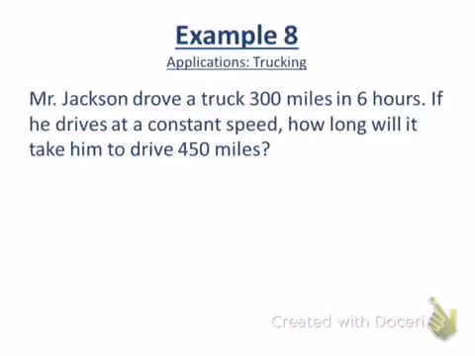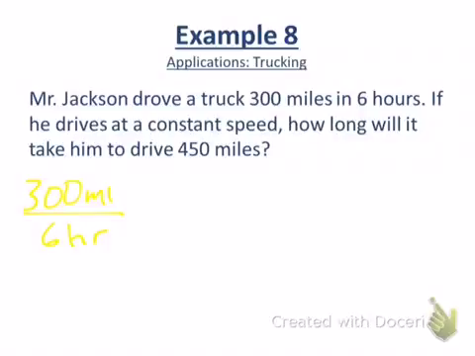All right, last one. Mr. Jackson drove a truck 300 miles in 6 hours. So what does that give us? That gives us a rate, doesn't it? Yes. 300 miles per 6 hours. How long will it take him to drive 450 miles? Oh, come on. That's pretty easy, isn't it?